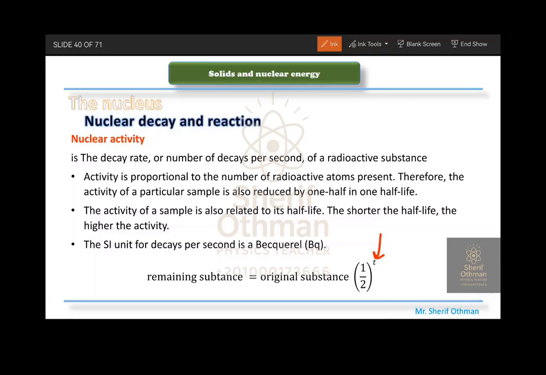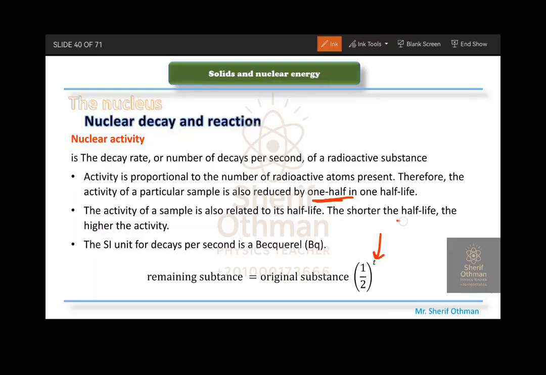the half-life time. Nuclear activity is the decay rate, or number of decays per second, of a radioactive substance. Activity is proportional to the number of radioactive atoms present. Therefore, the activity of a particular sample is also reduced by 1/2 in one half-life. The activity of a sample is also related to its half-life.